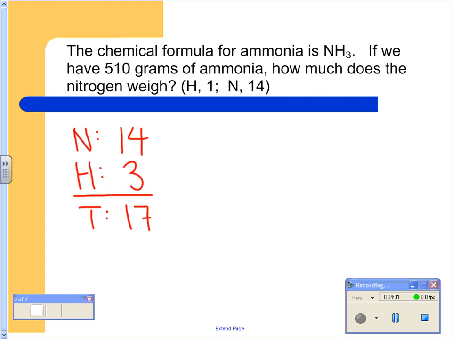Okay, so it wants to know about the nitrogen. Well, what proportion would I set up for the nitrogen? 14 nitrogens out of the total 17. Does that make sense? What would I set up for my other proportion? This is the amount of nitrogen. The total is 510. Does that make sense?